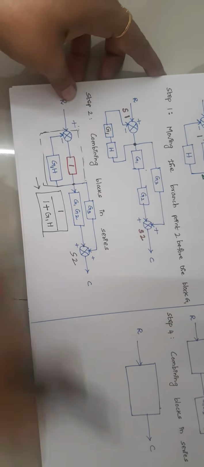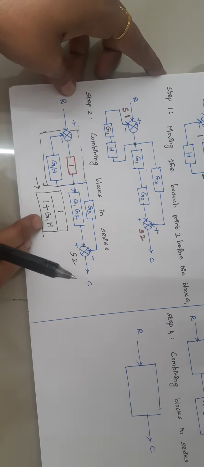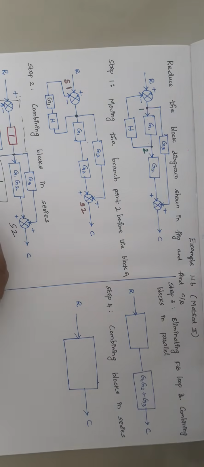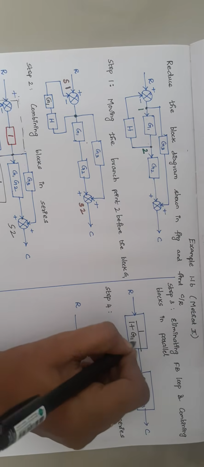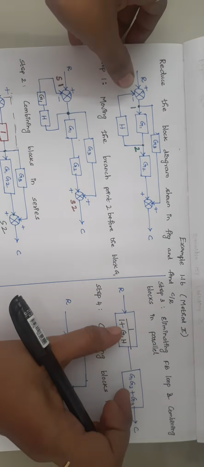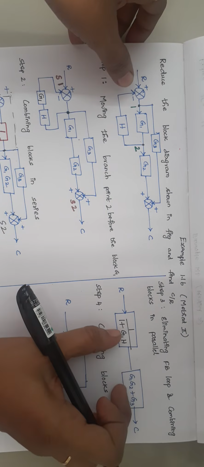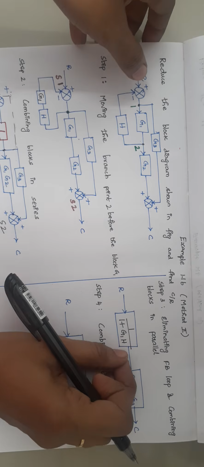And here this feedback loop gets reduced like this. I am writing this expression: 1 divided by 1 plus G1 into H, right? Now these two elements are in series, so we just multiply them.